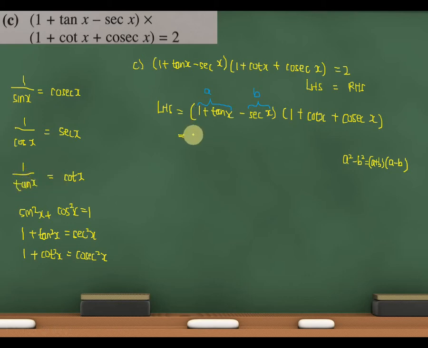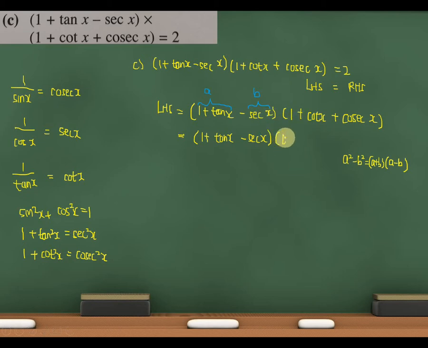So let's try. I'm introducing tangent into here. Later I need to divide by tangent to make the equation balance. Tangent x minus secant x, this I keep. Oh sorry, here we multiply tangent x, I forgot.